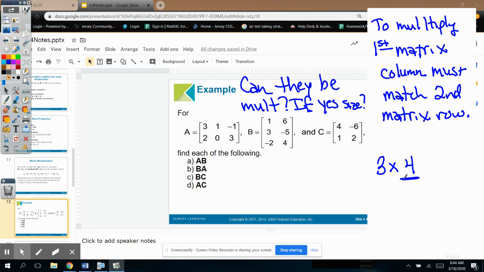This matrix column must match the row of the matrix it's multiplying by. So it can be multiplied with a 4 by 5, even though those are not the same size. This is what must match. The resulting matrix will be what is left. So the solution, when I multiply these, will be a 3 by 5.